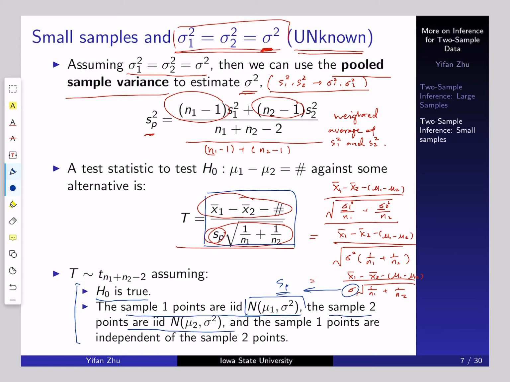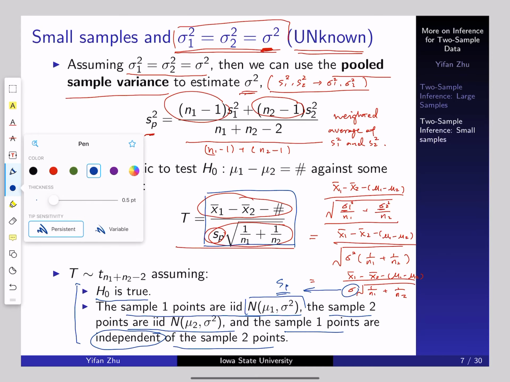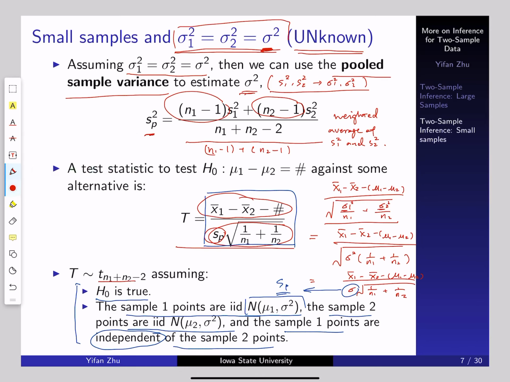So the same sigma squared. And sample 1 points and sample 2 points are also independent. So under these assumptions, the distribution, this is the reference distribution, will be a t distribution with degrees of freedom n1 plus n2 minus 2.